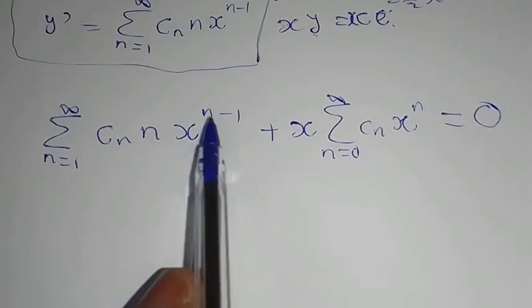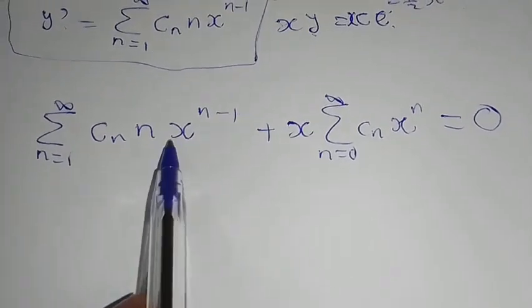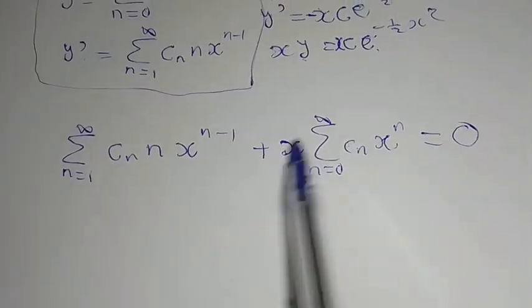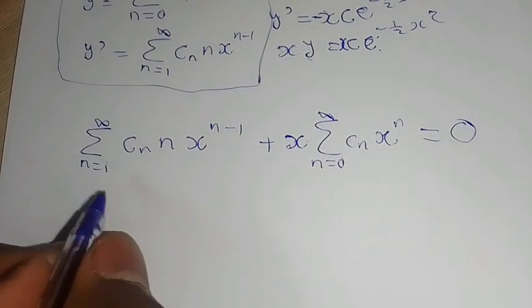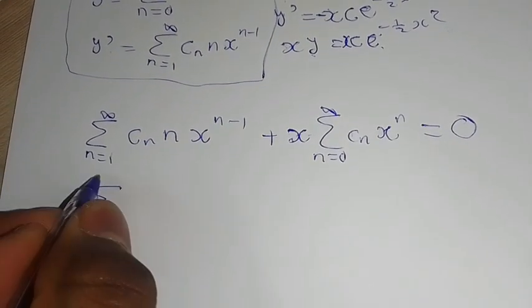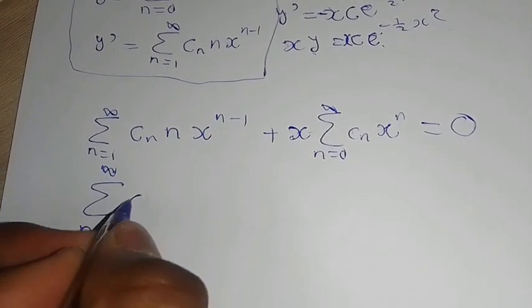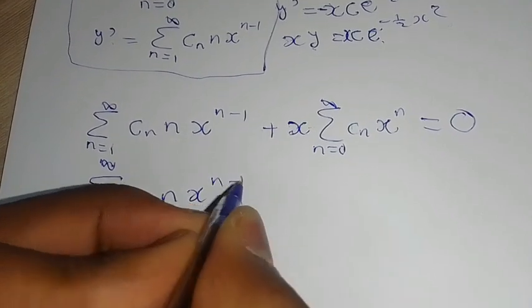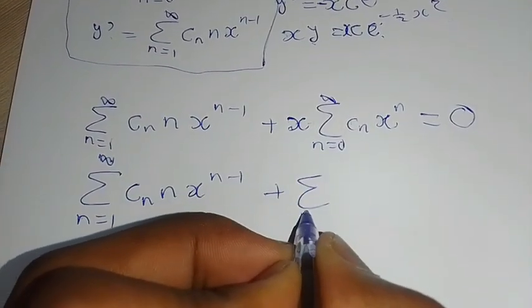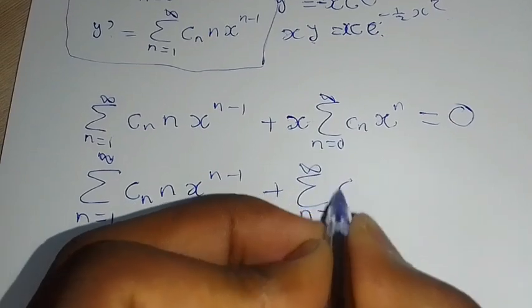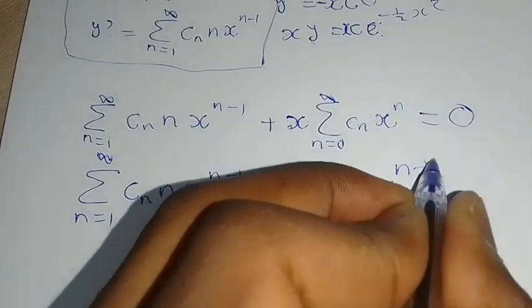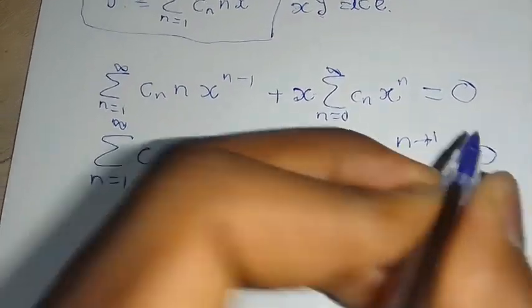Okay, let's look here. Notice that if you plug in 1, you get x to the power of 0 from the first summation. We can take the x in. So we have the summation from n equals 1 to infinity of cn n x to the power of n minus 1, plus the summation starting at 0 to infinity of cn multiplied by x to the power of n plus 1. This will be equal to 0.